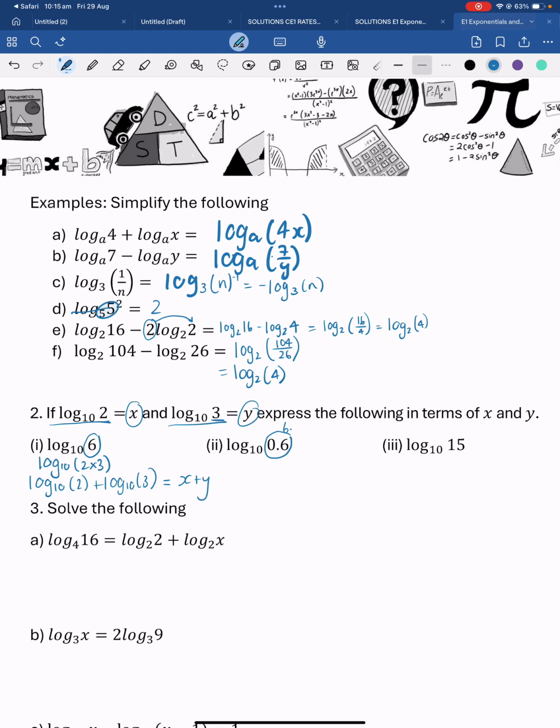Oh, yeah, okay. So this is really 6 over 10, which is, oh no, it won't, 3 over 5. What am I, there's something little here. I've just forgotten what it is. Let me see.